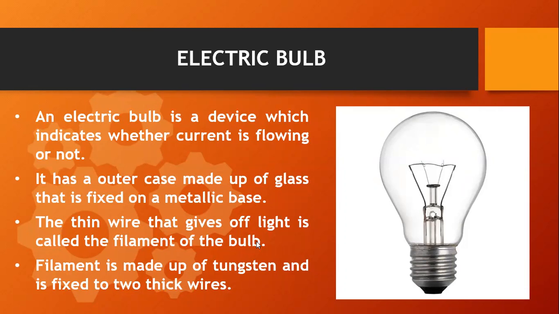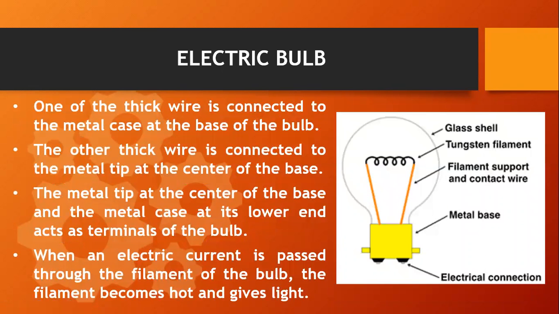Okay, now let us understand more about it. As you can see in the picture as well, this is a glass shell, this is a tungsten filament. As you can see, this is the filament support and contact wire, and you can see that there are two terminals. As I have already told you, everything which we are connecting together must have two terminals.